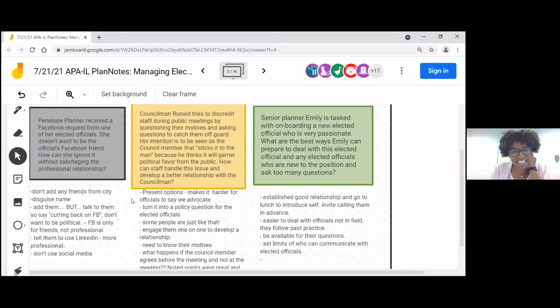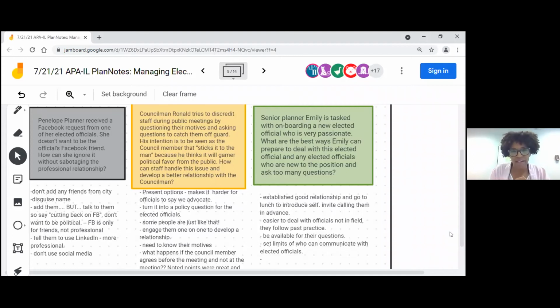Professionally, I think you need to keep a separation. Elected officials shouldn't be friends with you like that, in your role as a planner, as a representative of that community, as a public servant.